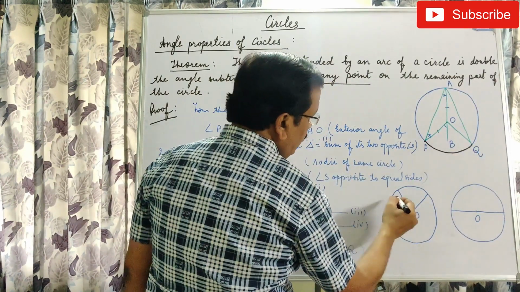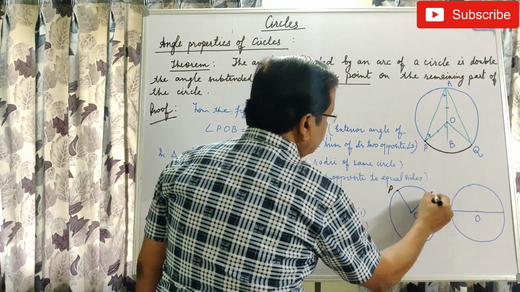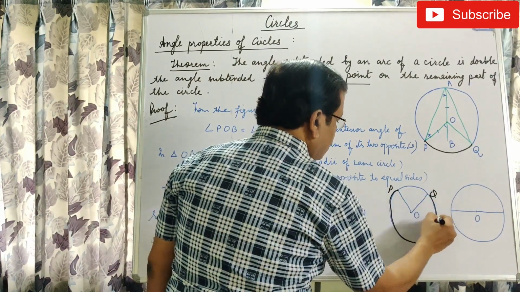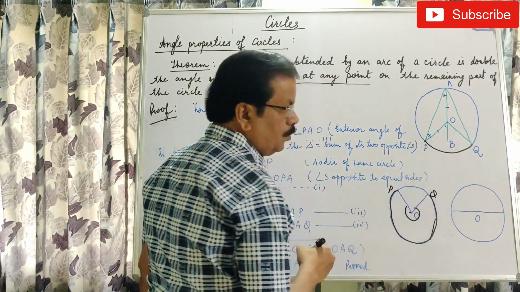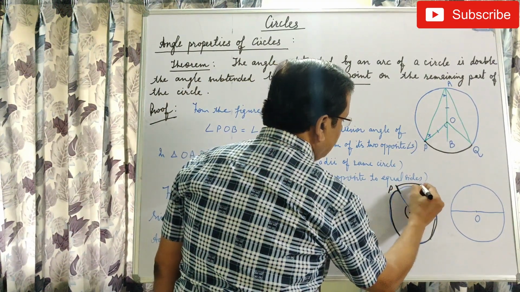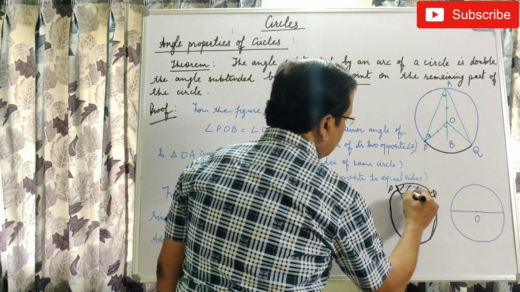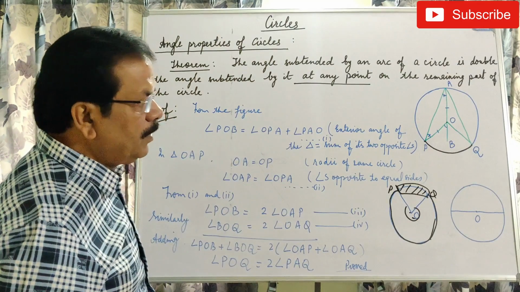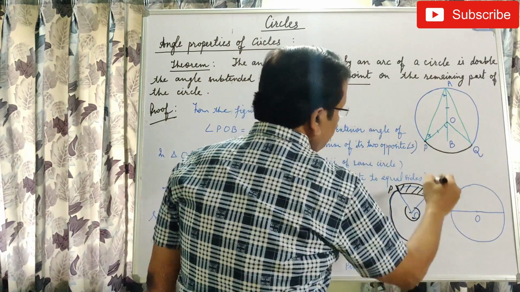Here you can see, if you are taking the angle subtended by this arc, say P, and this is Q, the angle subtended by this arc at the center means the reflex of angle POQ, and this is double the angle subtended at any other point. Any other point will be from this P to Q, this one, not here. Whichever arc we are taking, that will not be taken into consideration for any other point.